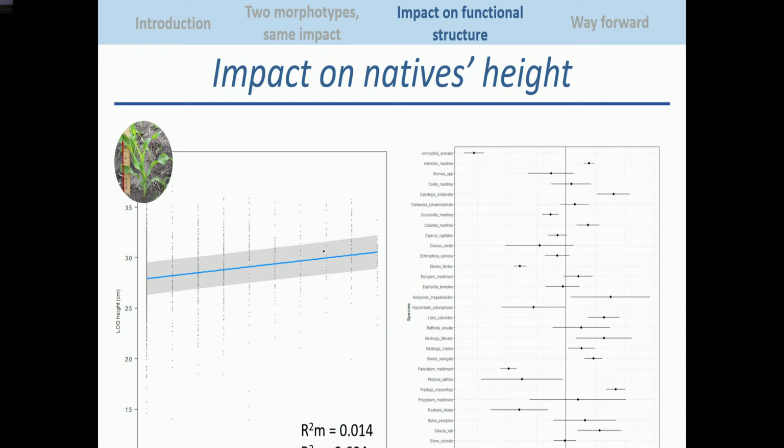So species were still getting higher because the effect was not big enough to turn this around, but the effect was not so strong. And this, for example, is for species that are already tall, like Ammophila arenaria, I don't know if you've heard of it. It's a really tall grass that lives in the mobile dunes, and you see its effect is negative.